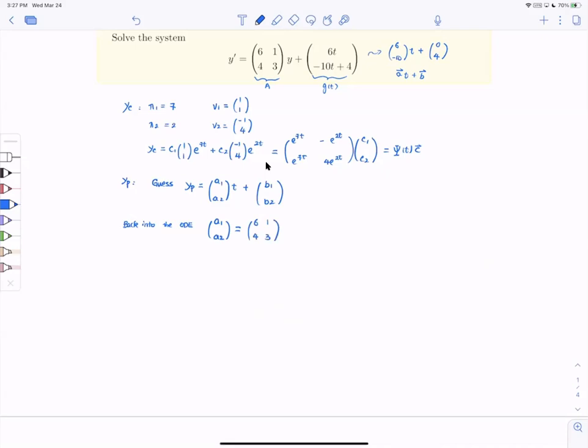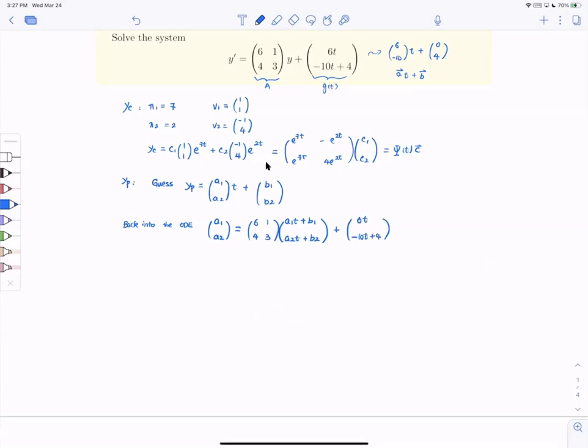So that's going to be (a1 t plus b1, a2 t plus b2), and plus (6t, -10t plus 4).